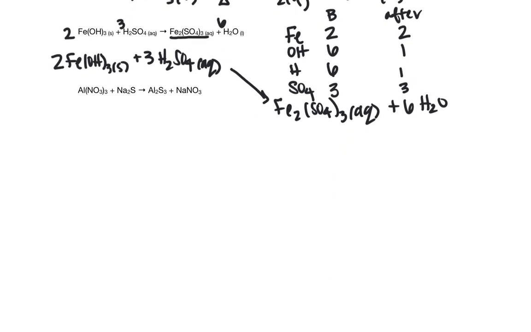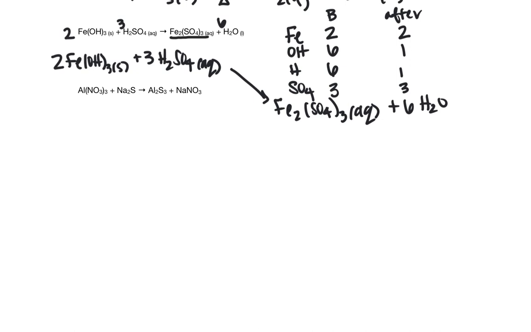So in our next equation, it doesn't give us the states. I'm not asking you to find the states. You just need to know that if there are states, you should write them. Or if I give it to you in a word problem, you should write them down. So here we have aluminum nitrate plus sodium sulfide gives you aluminum sulfide plus sodium nitrate.